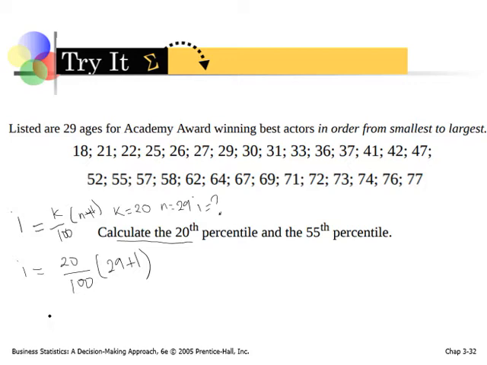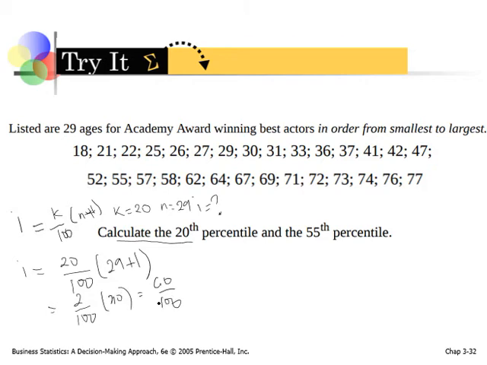If we solve this, we have 30 times 20, which is 600 over 100.